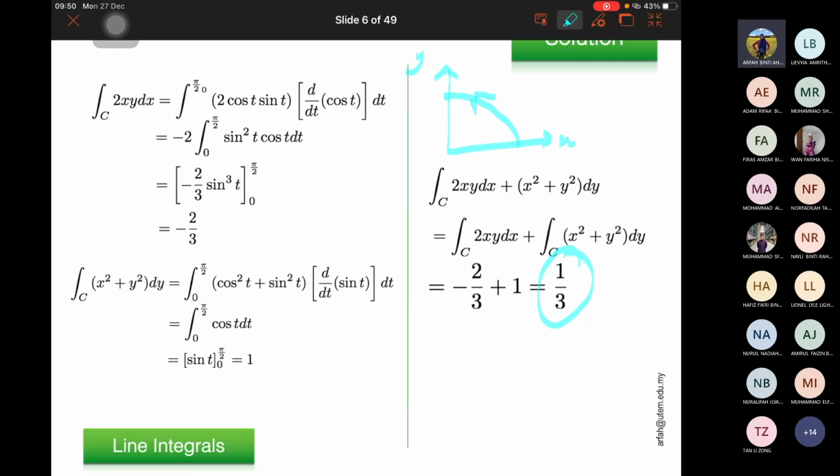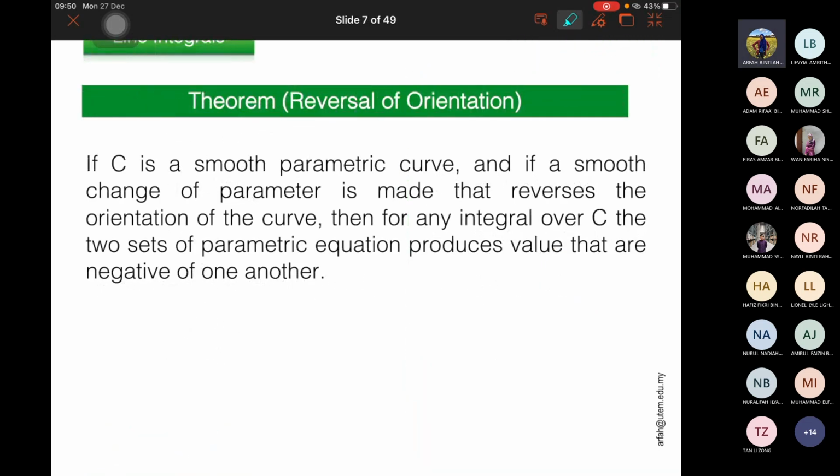This is your X and this is your Y. What if the curve goes like this? Okay, what if the curve goes downward like this? From here we will look at its reversal of orientation.